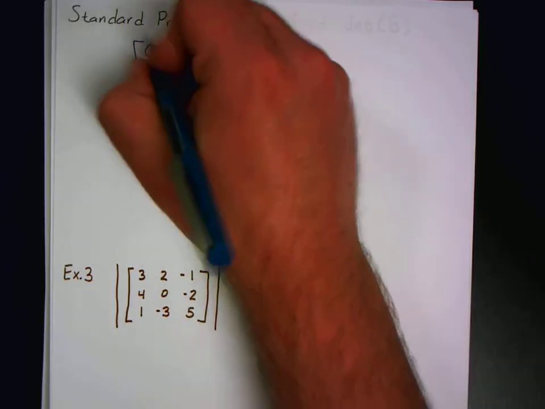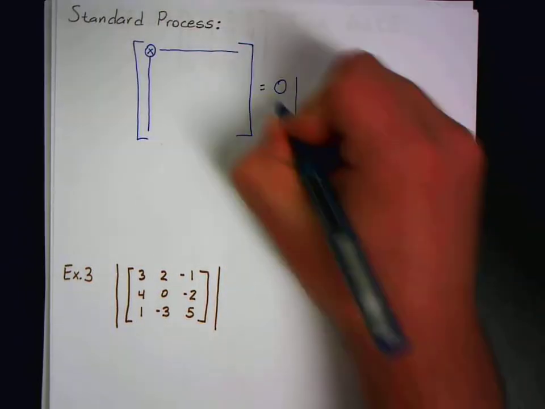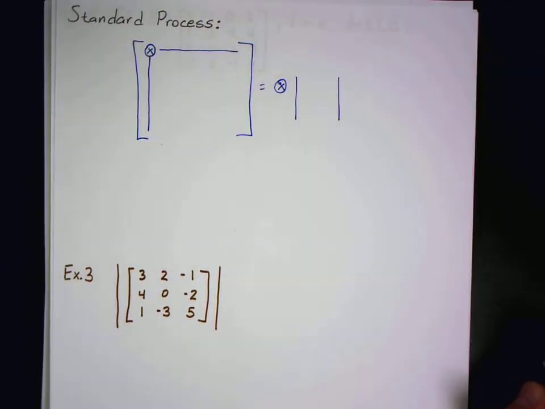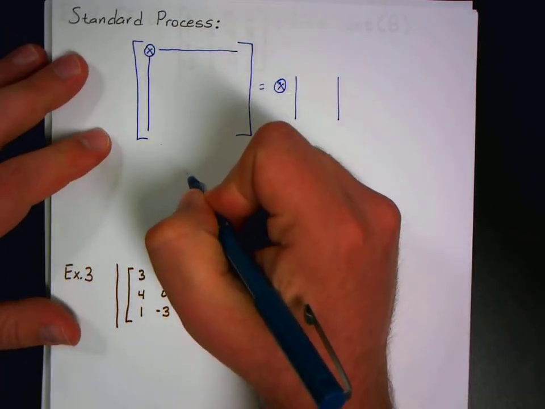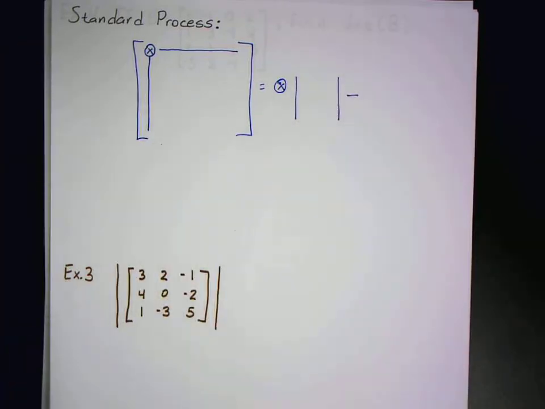No, I'm not meaning to be 0. That's going to be a number in here. I just meant to circle that, whatever that is. Okay, then you subtract the next thing.